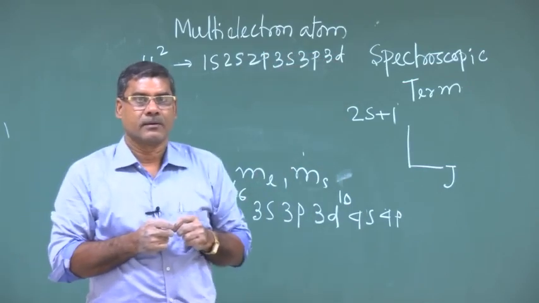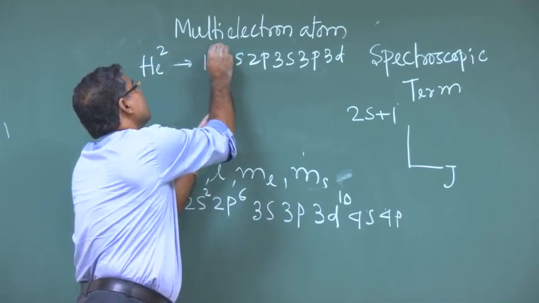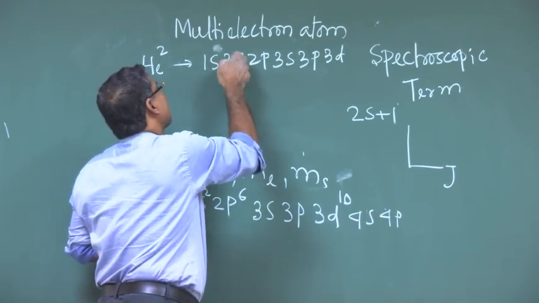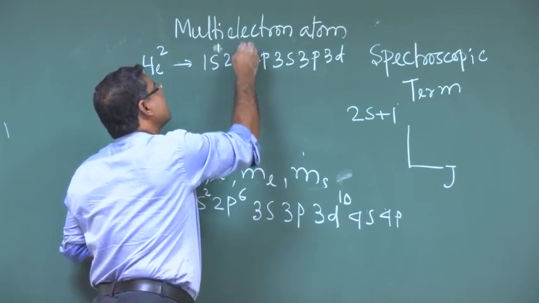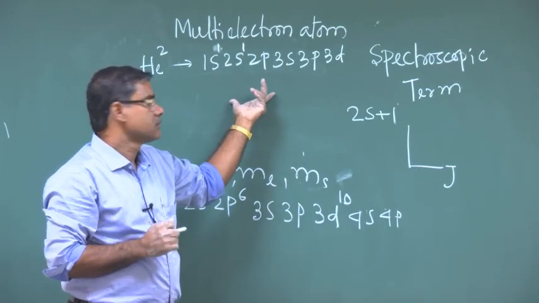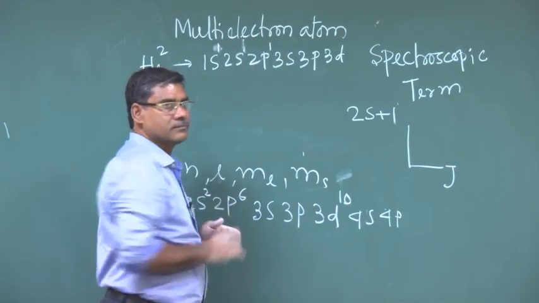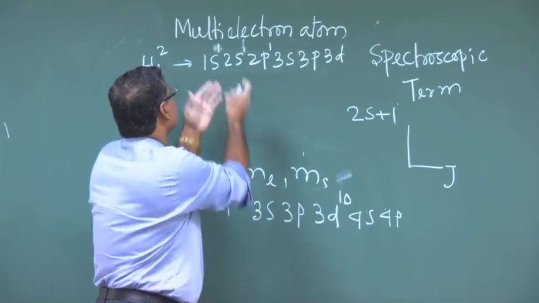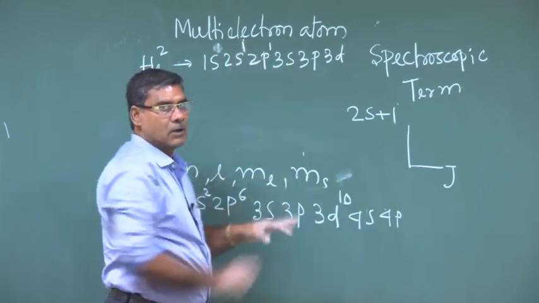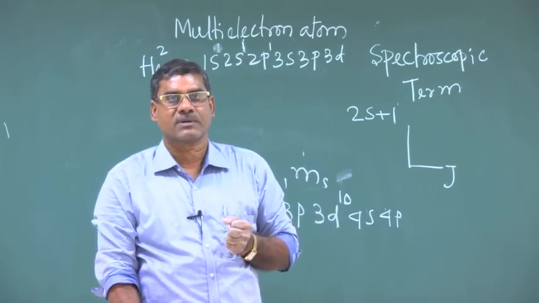Both electrons can be in one orbital, or one electron here and another electron there. All sorts of distribution of electrons is possible.